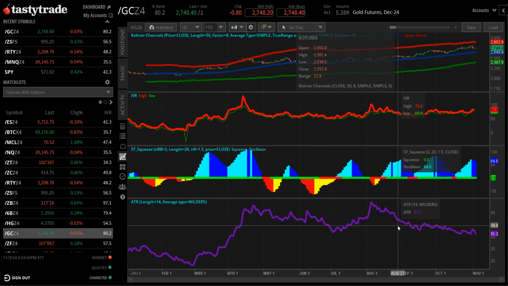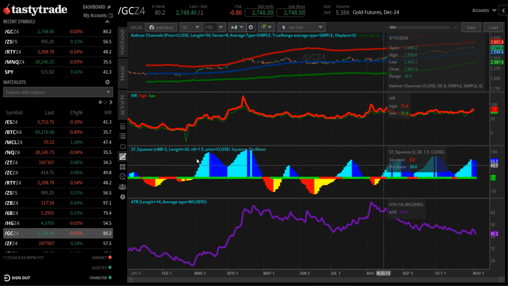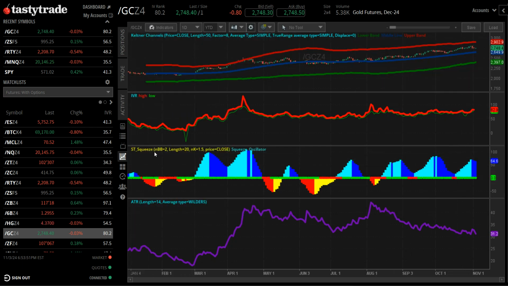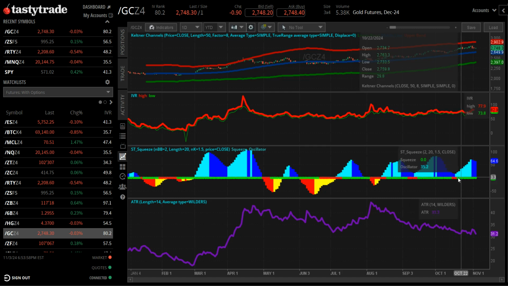Why is this important? Because I'm also making sure that the TTM squeeze, this is my second indicator, which is a version of the TTM squeeze, give or take, is green. Why does it matter?